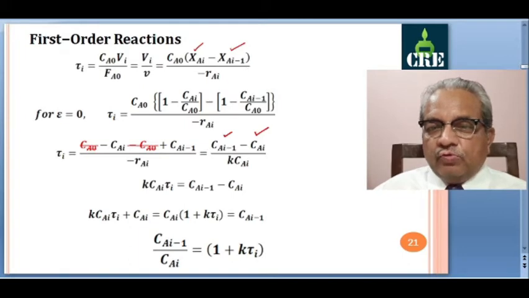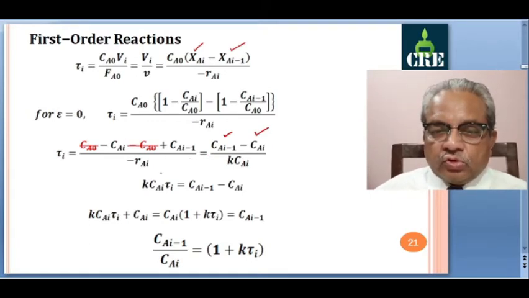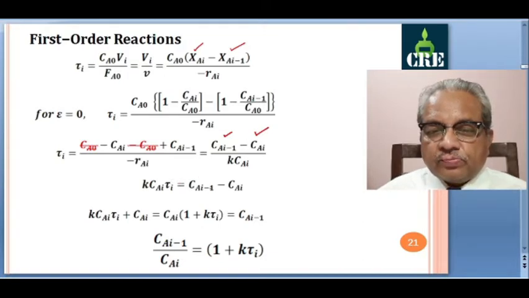Because you know, when you write the expression in terms of dXa or dCa, on the dCa side there is a minus sign, so this is reversed. So here it is Xai minus Xai minus 1, and here it is Cai minus 1 minus Cai. To solve this, k Cai into tau i is equal to this.